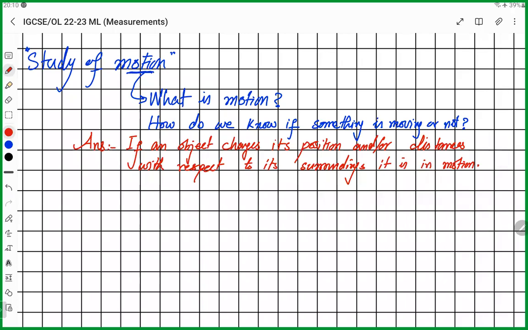So this is how we can define motion, and we need surroundings. What are surroundings? Surroundings are the frame of reference. Without using a reference, we can never tell if something is moving or not moving.